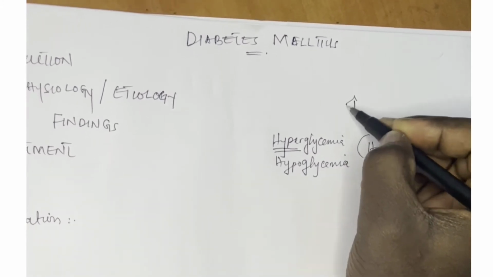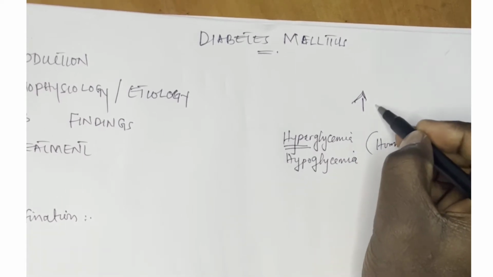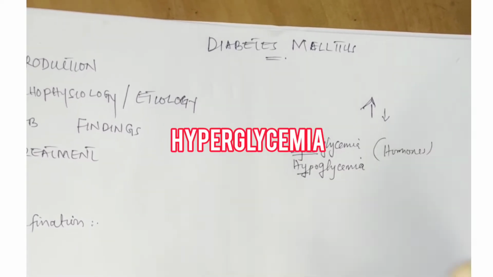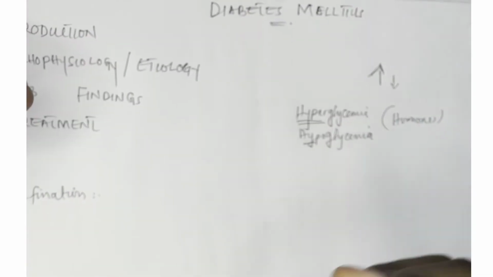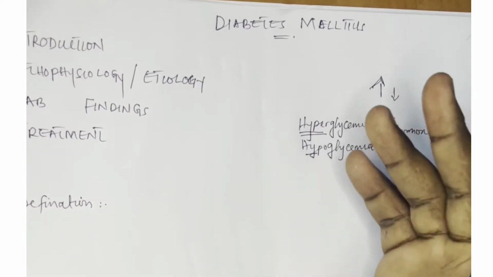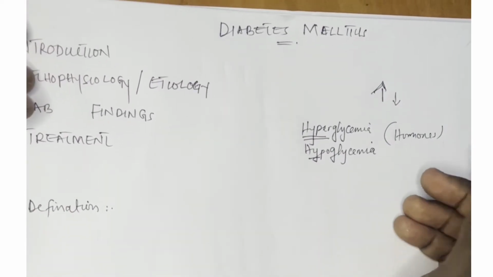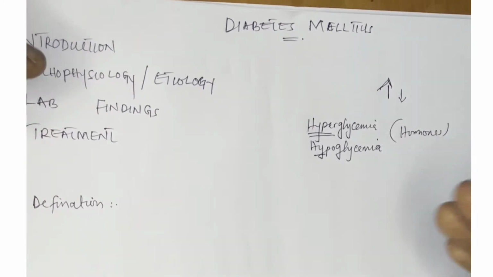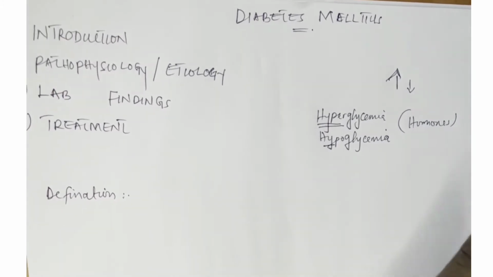When something increases, we refer to it as high, while when something goes down, we refer to it as hypo. Hyperglycemia is a condition in which the blood glucose goes high, and hypoglycemia is a condition in which the blood glucose goes low. There are hormones and also mechanical activities that control the metabolic activities that keep a person healthy.